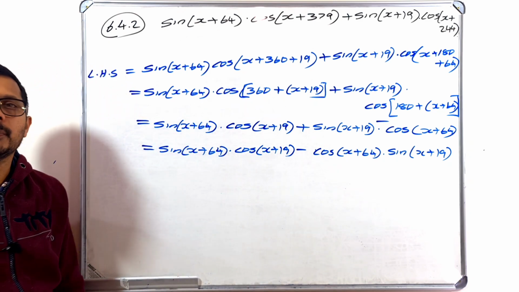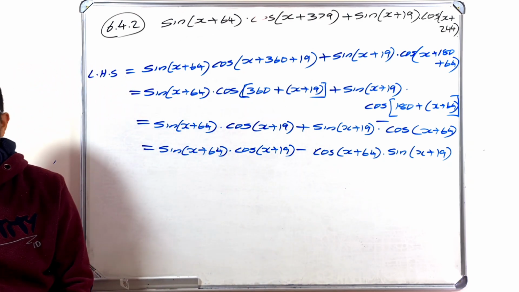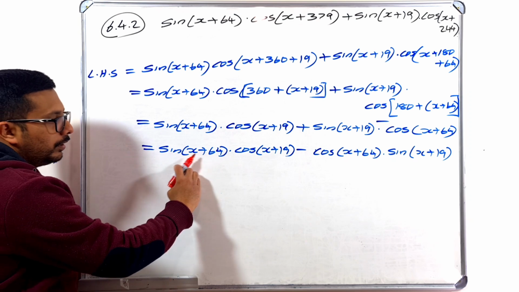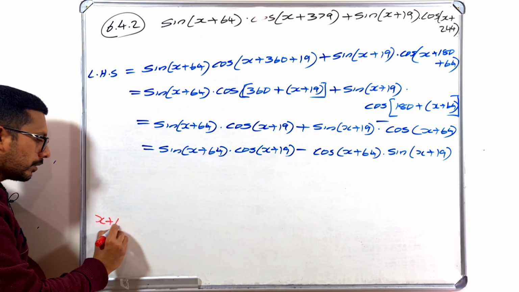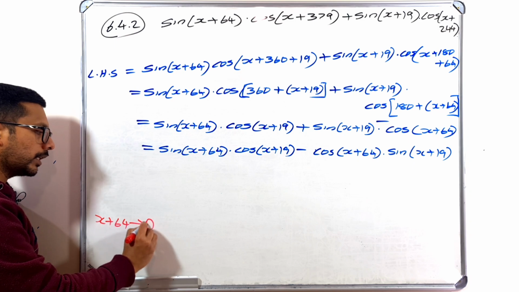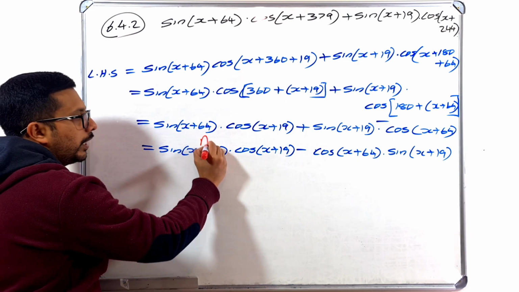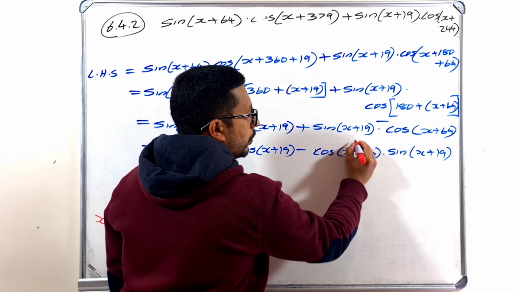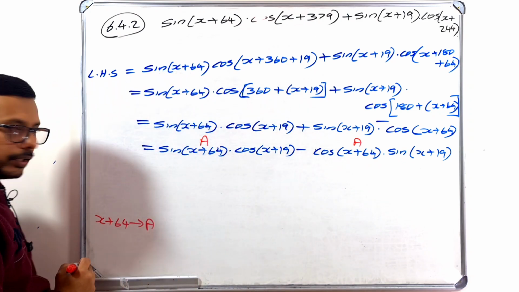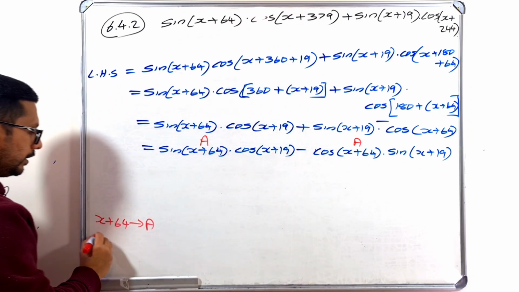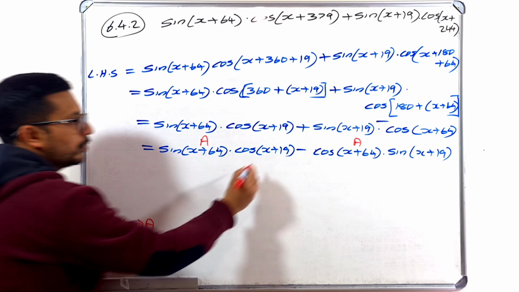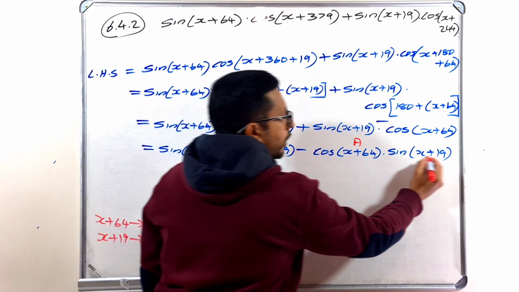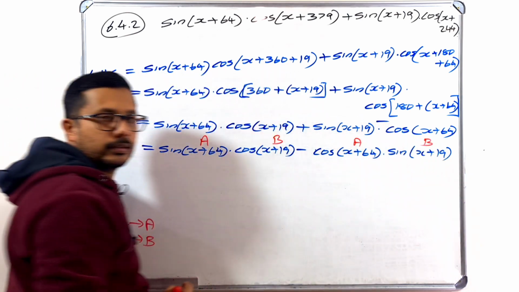So now can you see something here? Look at this one. If I call this x plus 64 as a, then there is an a here also. Then if I call this x plus 19 as b, there is a b here, and x plus 19 there is a b here.